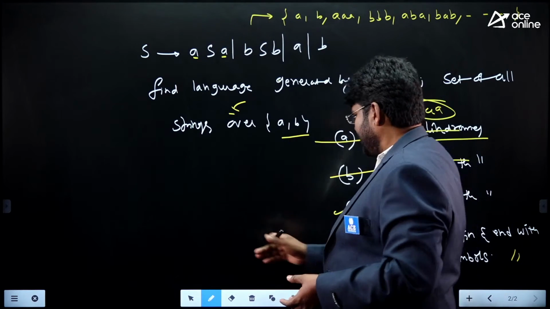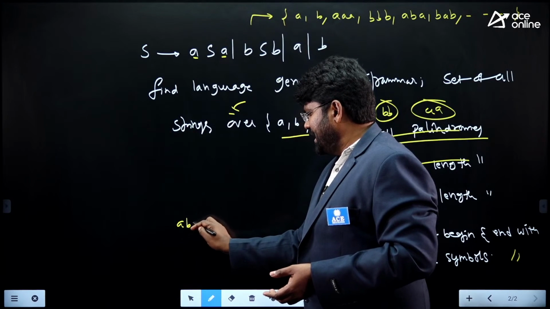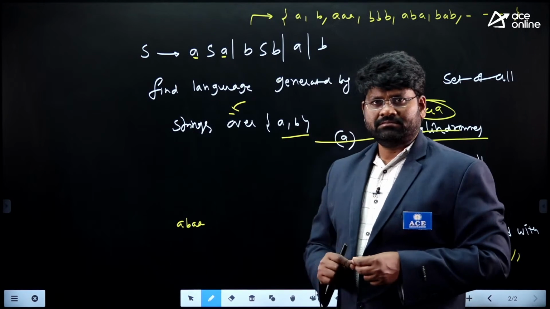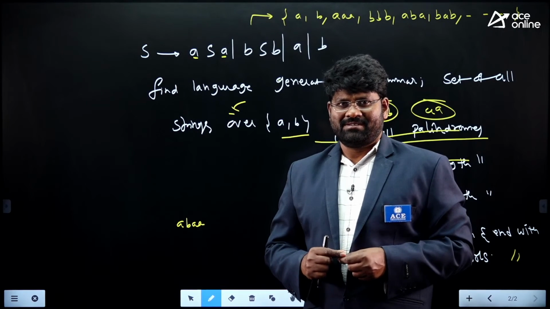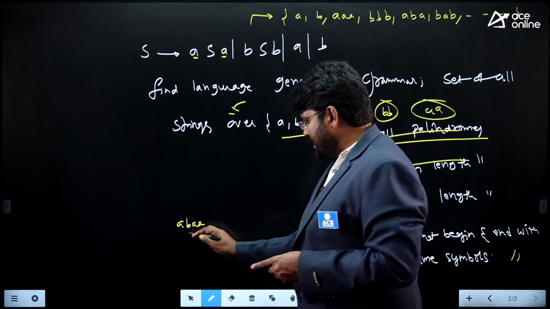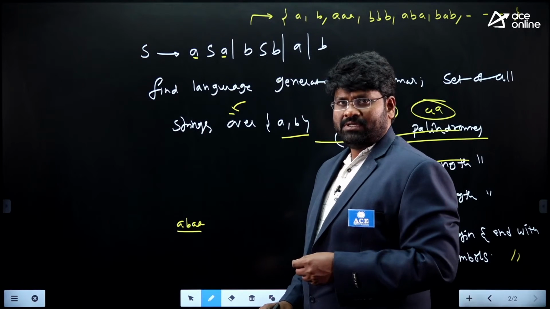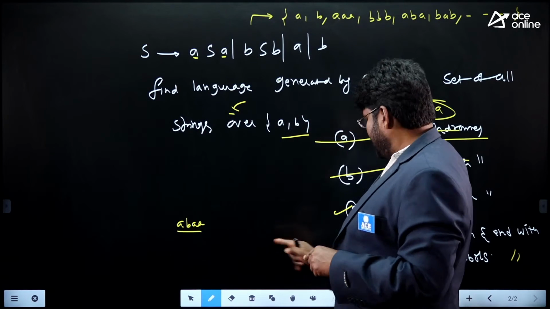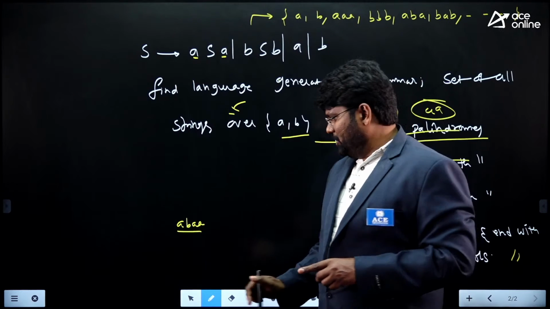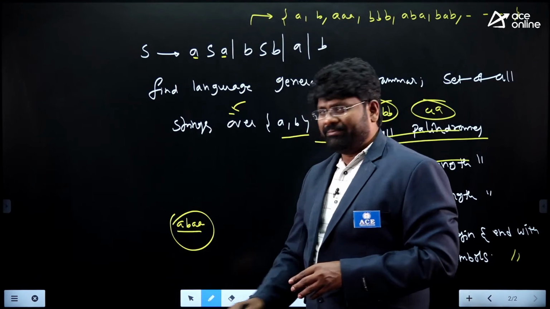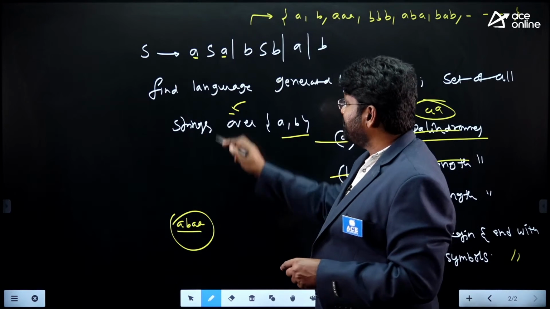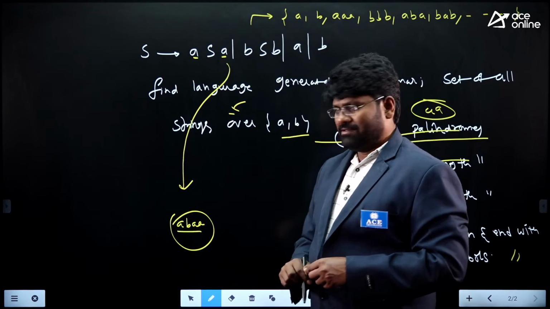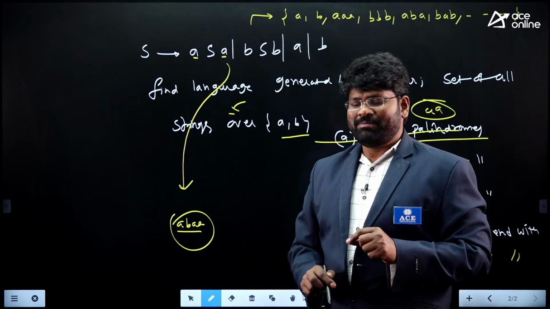According to this statement, I may say ABA begins and ends with the same symbols, but it is not necessary to be a palindrome. As for the statement of D, you can say this is also one of the members, but you can't produce it from here.